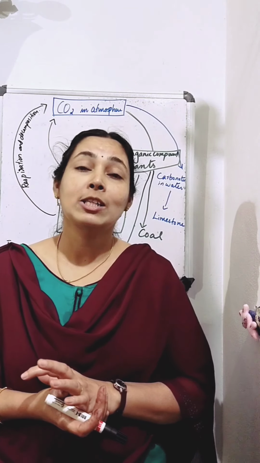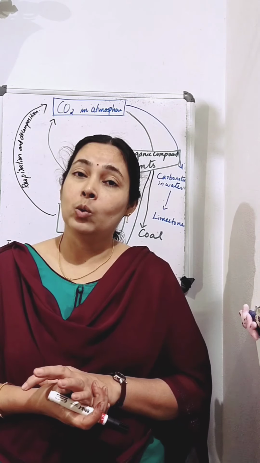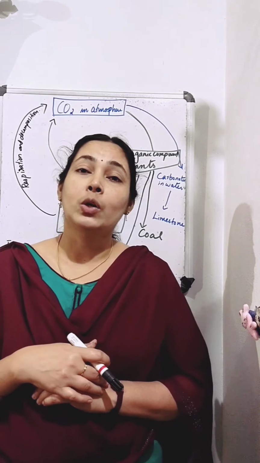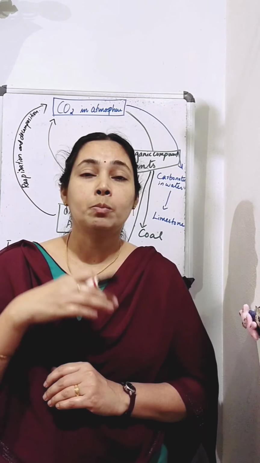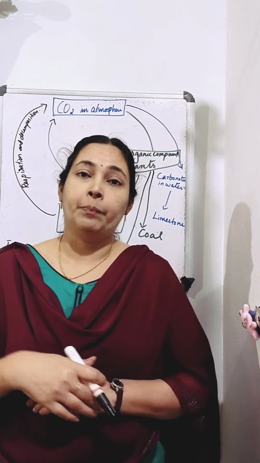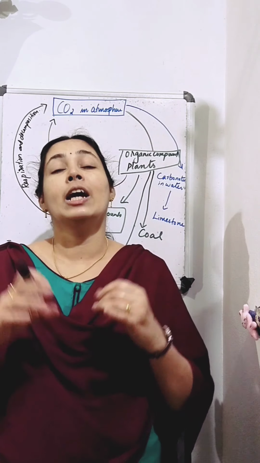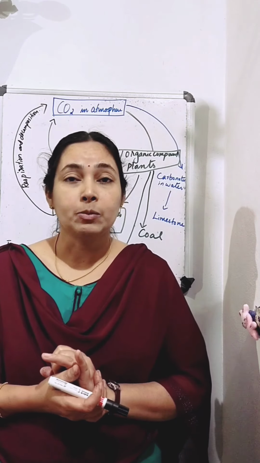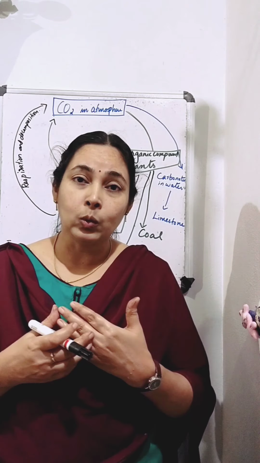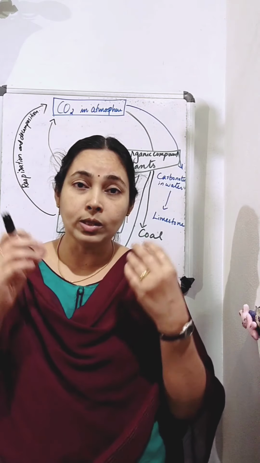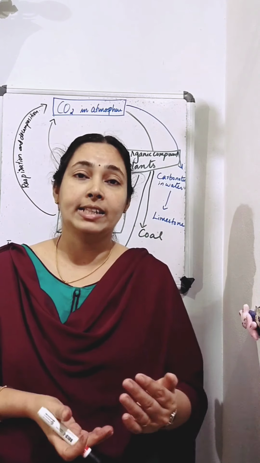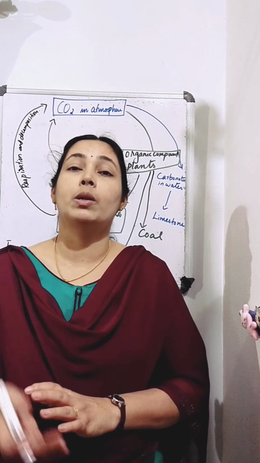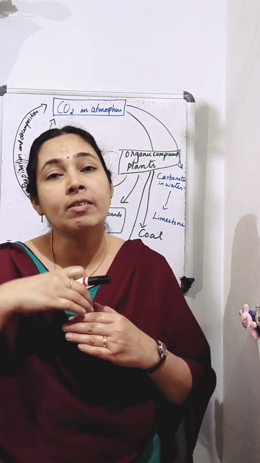Now, how is this glucose utilized by our body? In the process of respiration, what is happening? This glucose is broken down by oxygen to release energy. So during respiration, the glucose breaks and releases energy. And along with energy, carbon dioxide and water are also given out. So during respiration, what is given out?